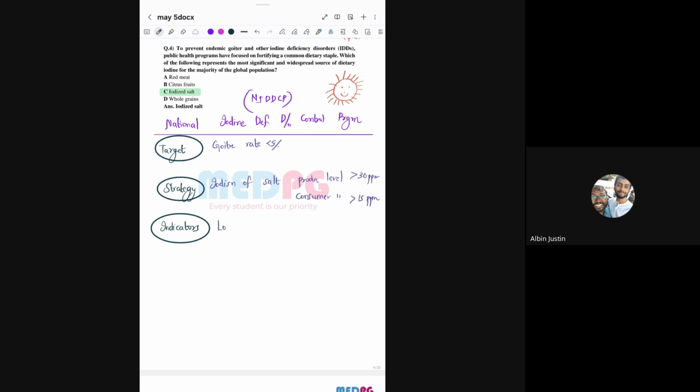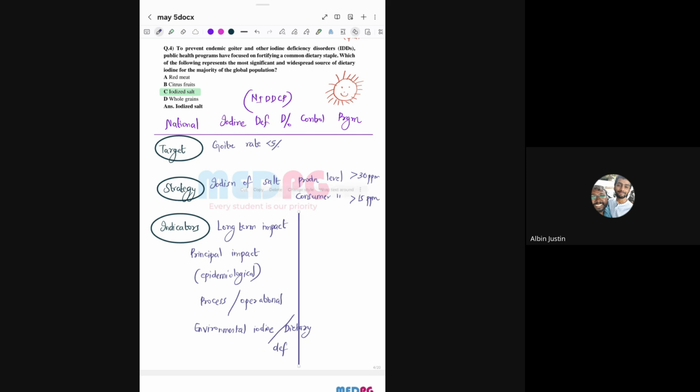Indicators are, you have a long-term impact indicator. This one is important. Then you have a principal impact indicator or epidemiological impact indicator. You have a process or operational impact indicator and the environmental iodine or dietary deficiency indicator. Now, what are they?